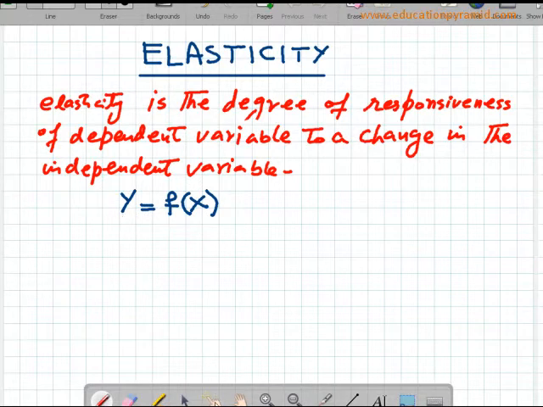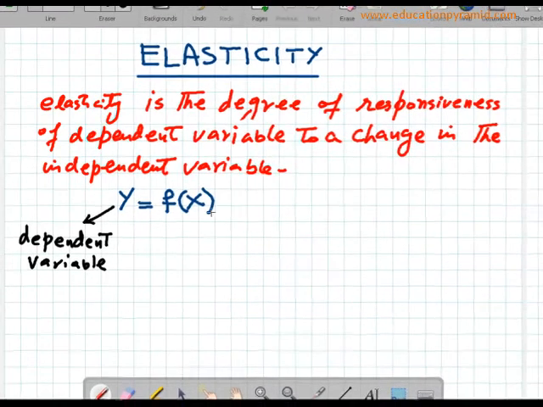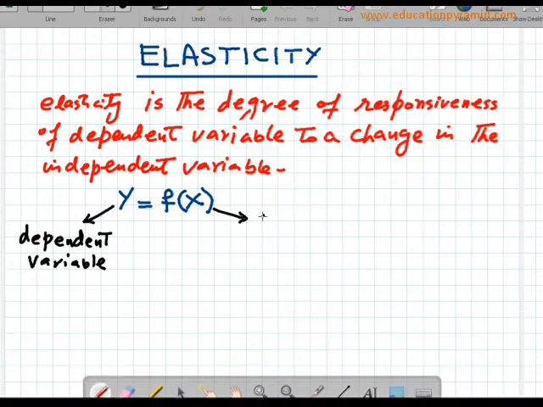For example, this y can be quantity demanded and x can be prices. So here y is known as dependent variable and x is the independent variable.